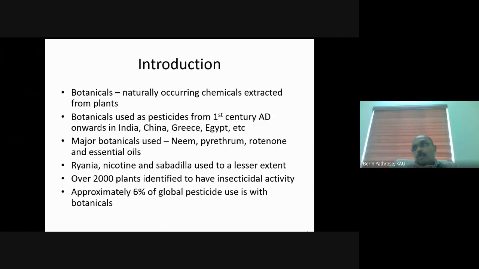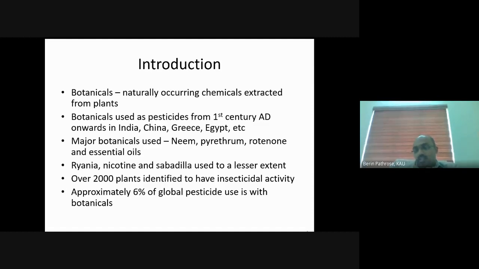So if we scan all the plants present on our earth, almost all the plants have one or the other insecticidal property. Over 2000 plants are identified to have one or the other insecticidal property. Though the use of botanicals is limited, in the global pesticide scenario approximately 6% of pesticide use is with botanicals. So we have a steady market for botanicals globally.